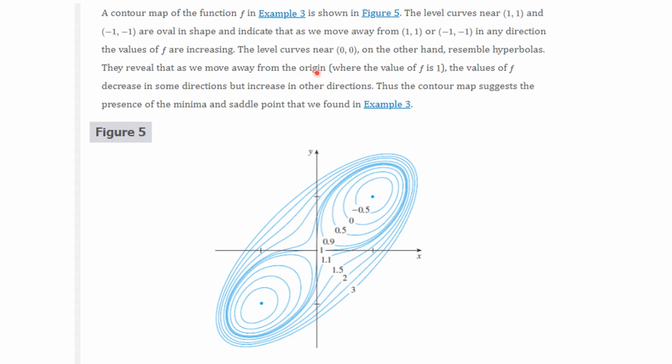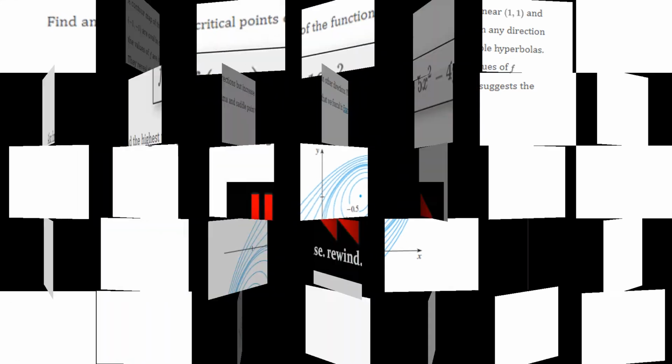And they reveal that as we move away from the origin, where the value of f is 1, the values decrease in some directions but increase in the others. Thus, the contour maps suggest the presence of minima and saddle points that we already have found. So this is the contour plot, and this gives you an idea of what a contour plot is going to show you for minimums and for saddle points.